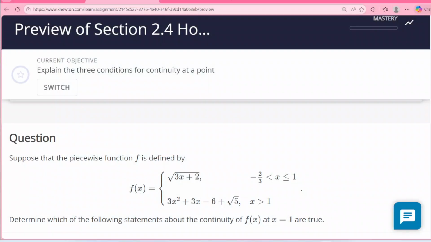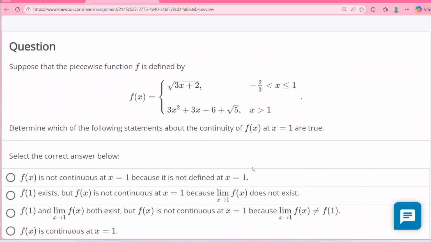Okay, so in this first question, we're given a piecewise defined function. f of x equals the square root of 3x plus 2, only when x is between negative 2/3 and 1, not including negative 2/3 and including 1.